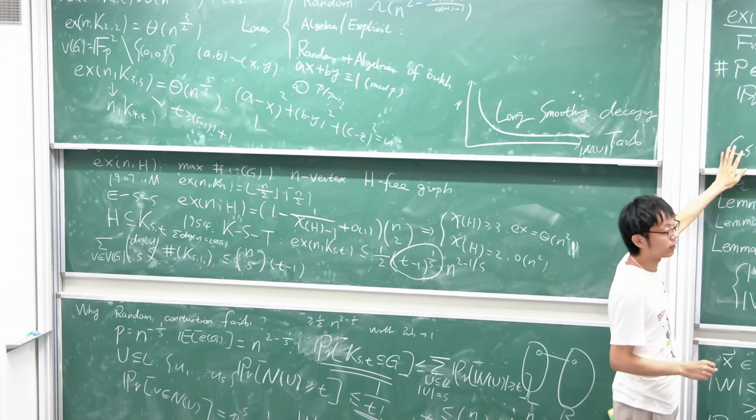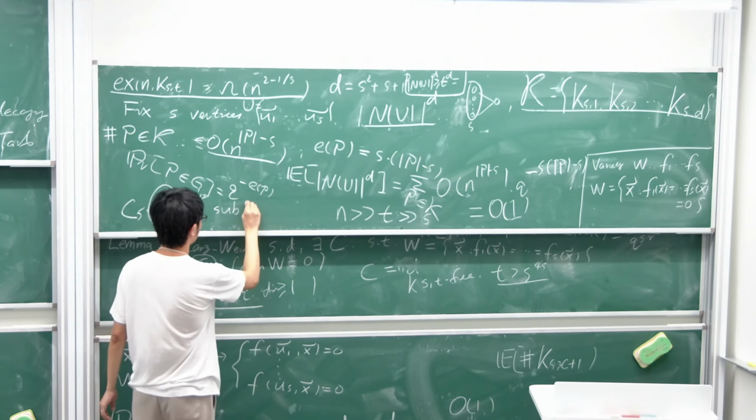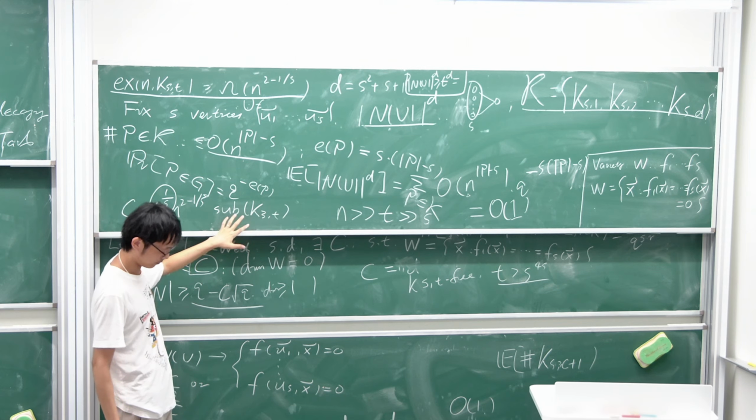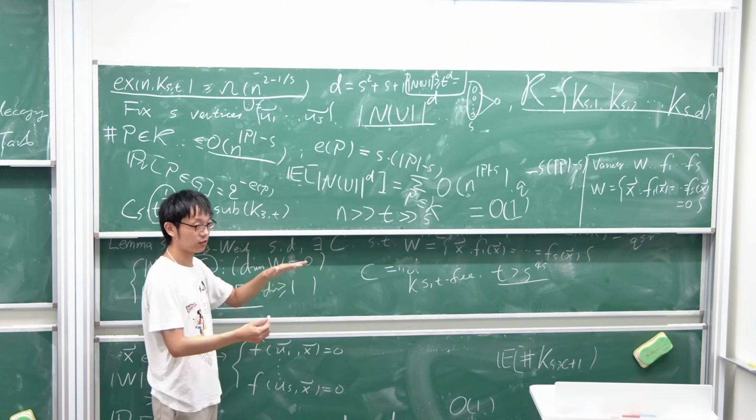We try to learn some structures. For example, for one subdivision of the complete bipartite graphs, like s equals 3, if we just use the original random algebraic method, this constant t is very, very large, for example larger than 10 to the 10. But we can reduce it to roughly 20 or 25.